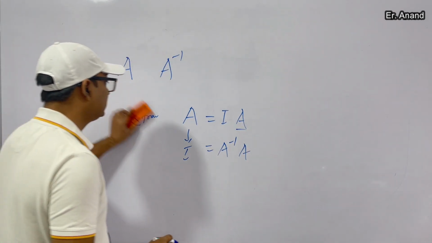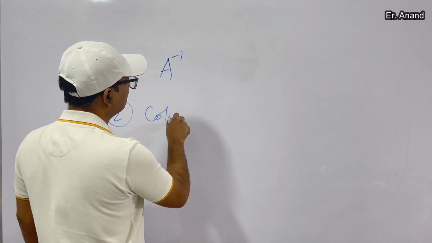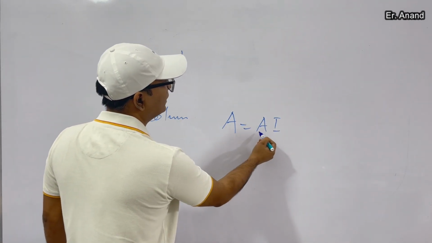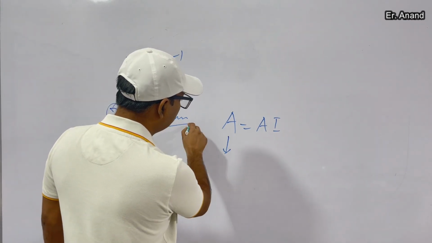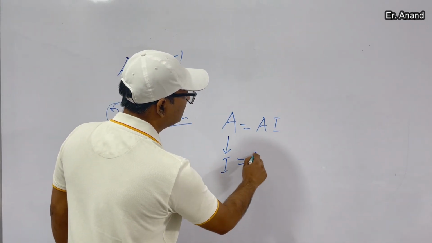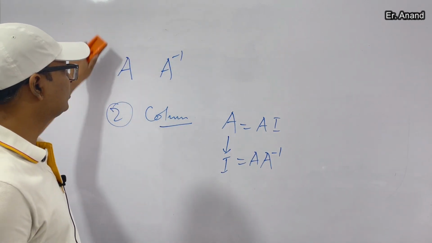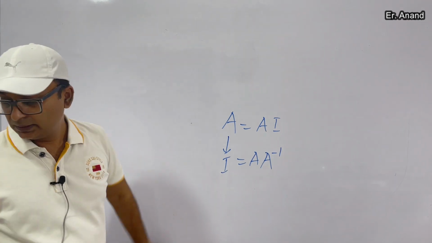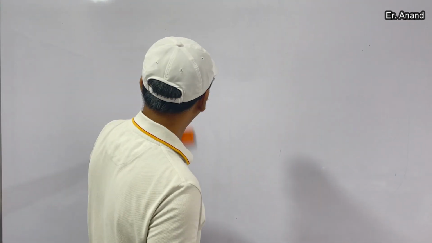The second method is column transformation, when I succeeds A, that is, it is to the right side of A. Then we'll do column transformation to make it I, and this will be now A inverse. Clear? Now we'll solve questions that are given in the textbook only, exercise 3.4. So we'll do some questions.